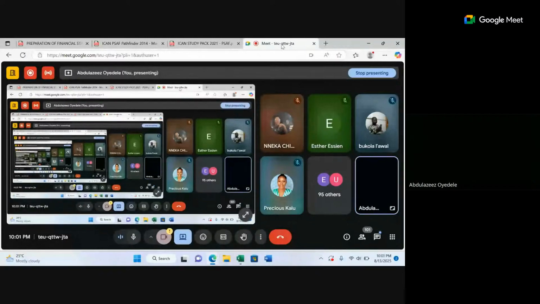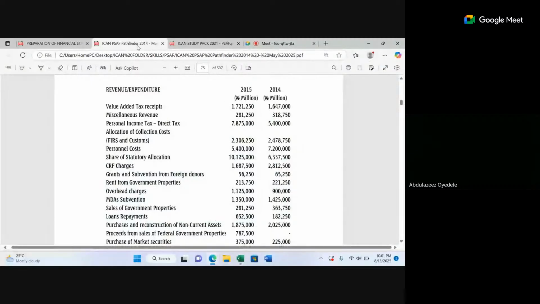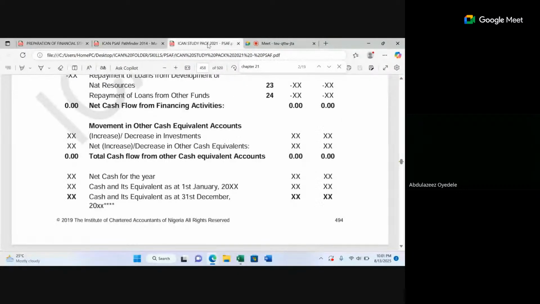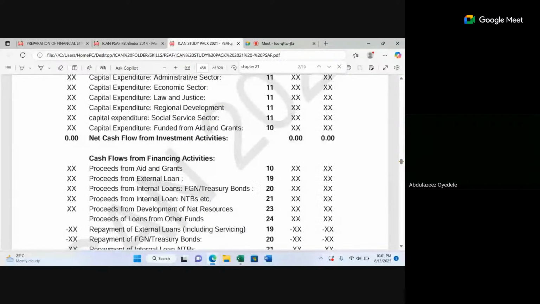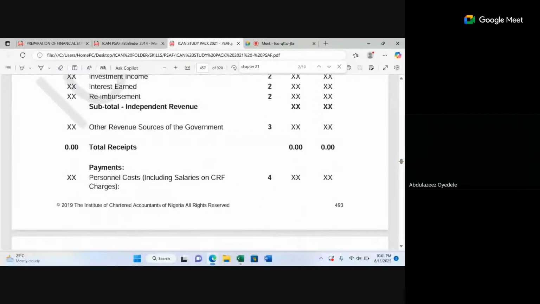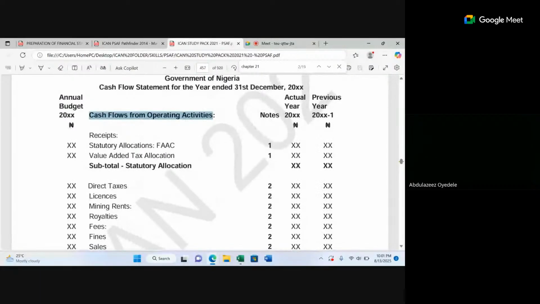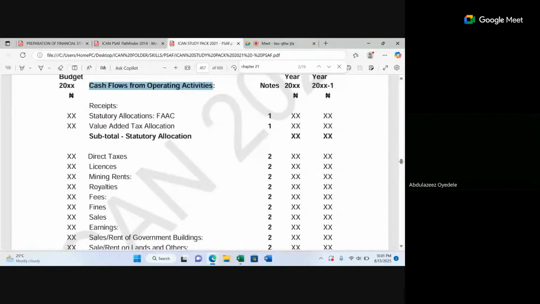So let's look at this question and see if you can identify items of operating activities which are inflows. If you remember the formats that we showed earlier, in the inflows for operating activities, which is receipts, we're supposed to have the allocation from FAC, then from VAT, and then others like taxes and licenses and so on.